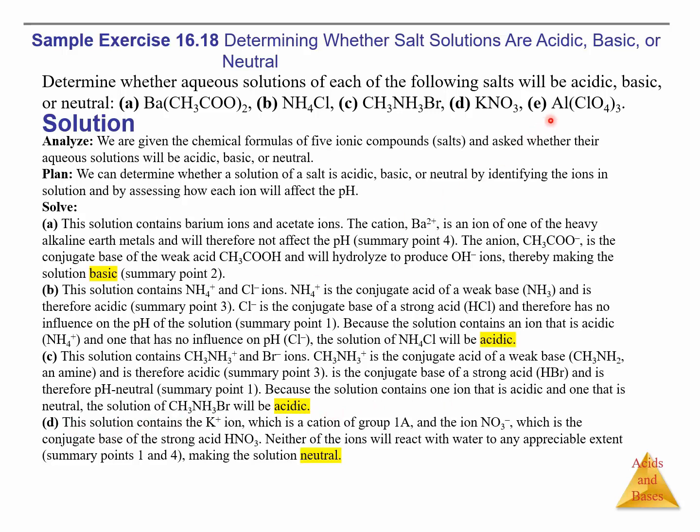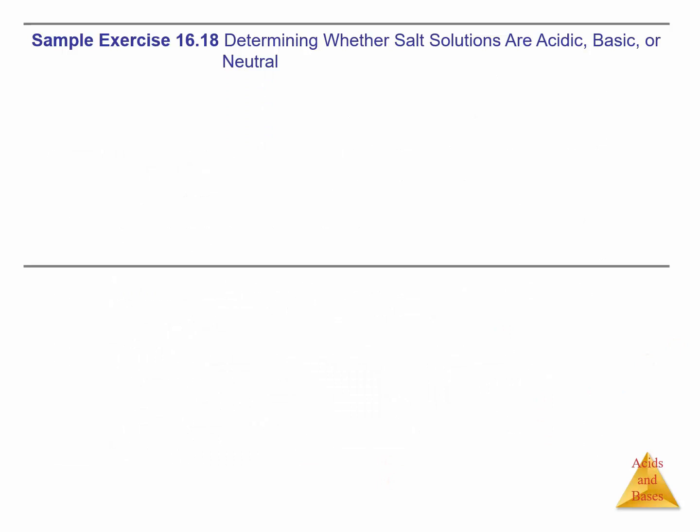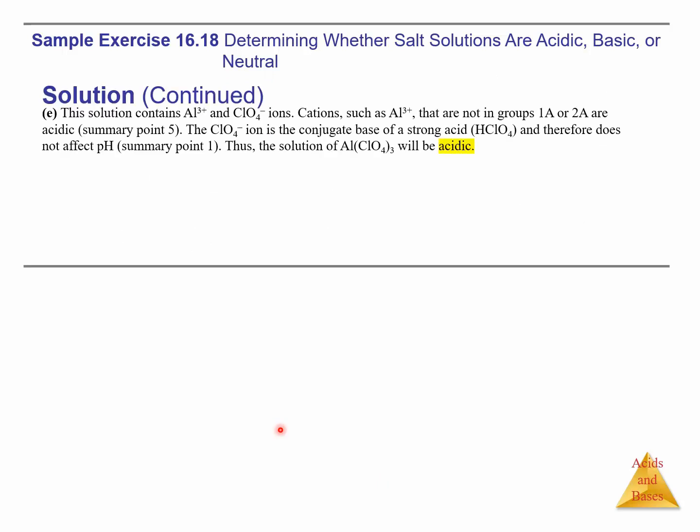Now the last ones here, or D here, KNO3, both of them come from a strong acid and a strong base, so neither of them will react with water and the solution will be neutral. Now in the last one here, the solution contains Al+3 and ClO4- ions.